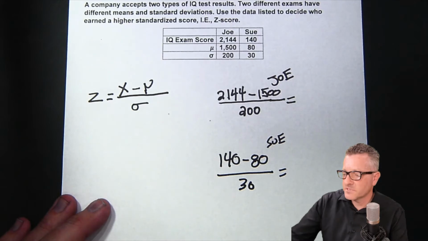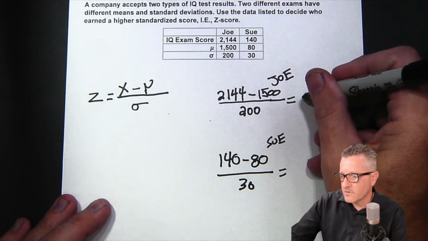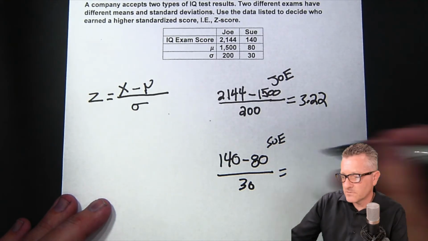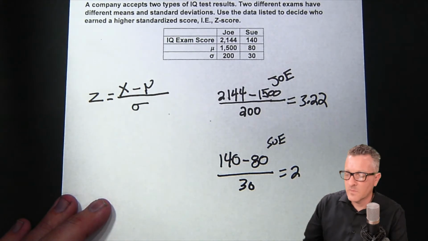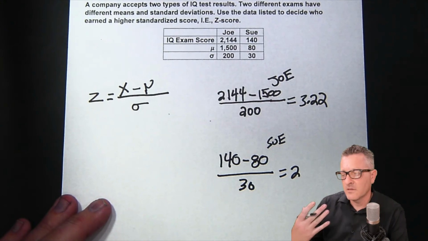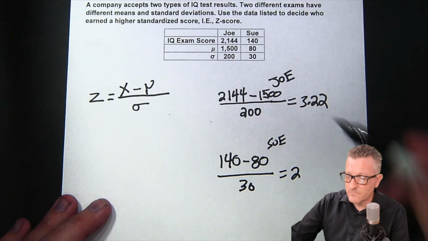Okay, so the answer for Joe's is, I already have this written out, 3.22, and for Sue's is 2. So who earned the higher score based on the mean and the standard deviation for that distribution? Joe did.